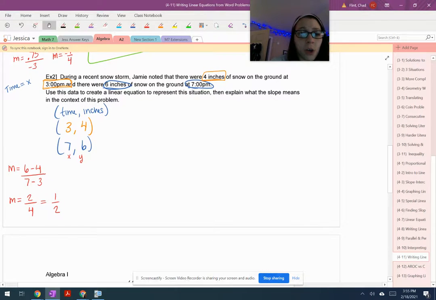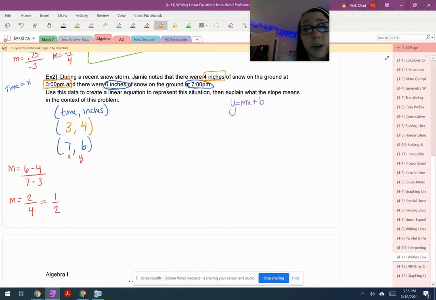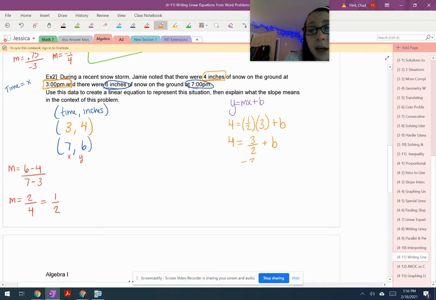Okay, so solving for b. We have our y equals mx plus b equation. And again, you can use either one of those points. I'm going to go with the 3, 4 because, again, smaller numbers make me happier. So 4 is equal to my slope is 1/2, the x value corresponding with the 4 is the 3, and then plus b. 4 is equal to 3 times 1/2 is just 3/2.